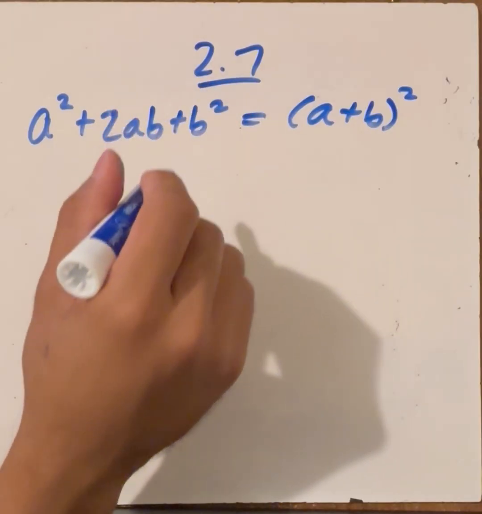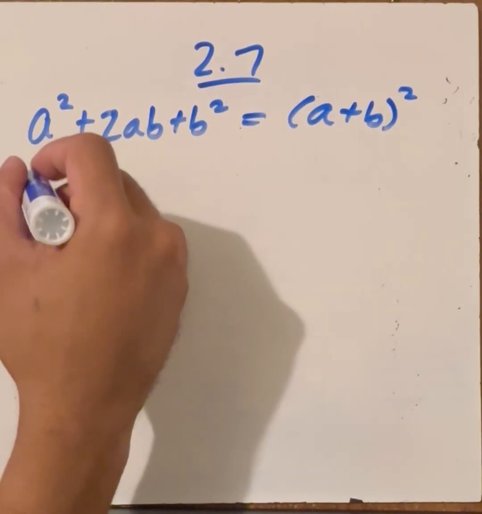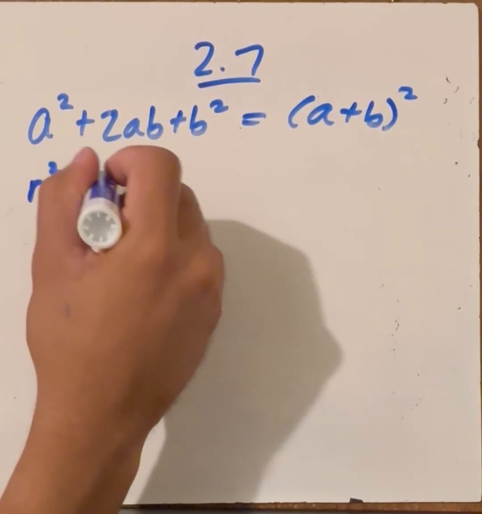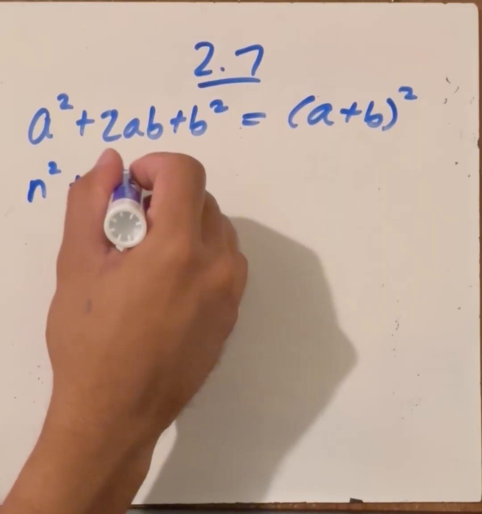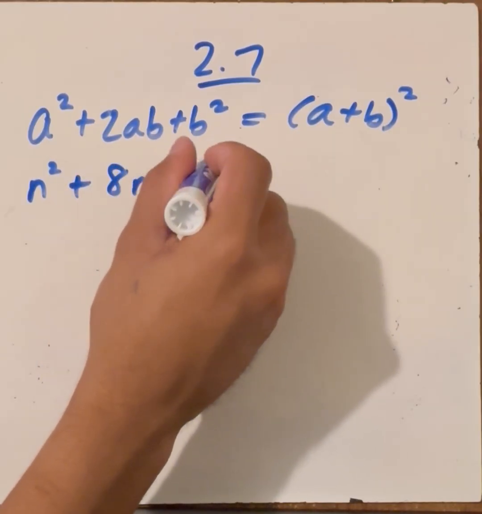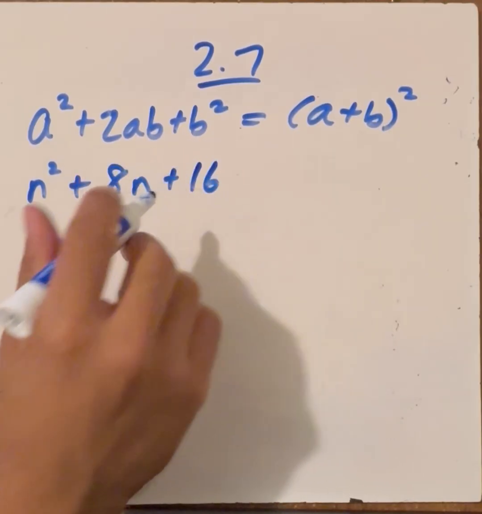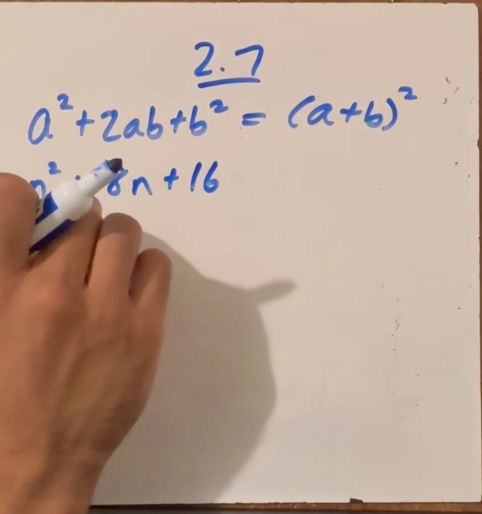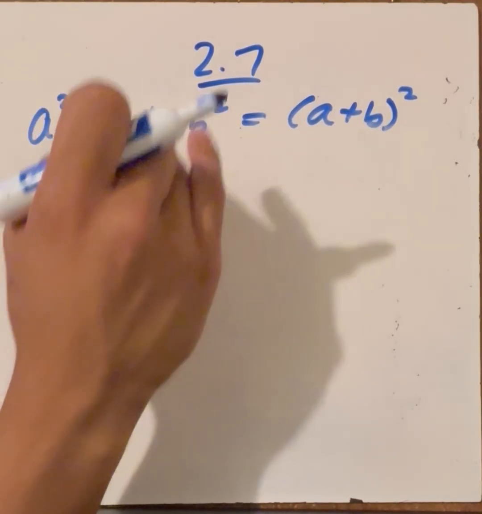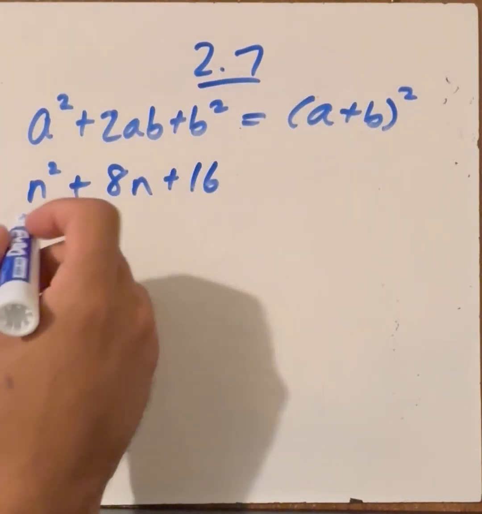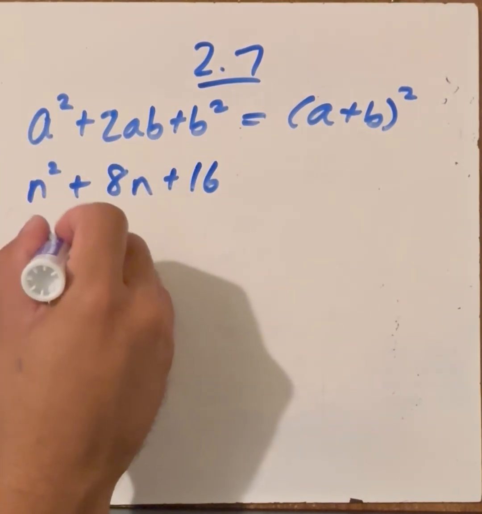So if we saw something that looked like n squared plus 8n plus 16, then we can try to put it into this form, and if it works, we can then write it in that form. So a squared would be n squared.